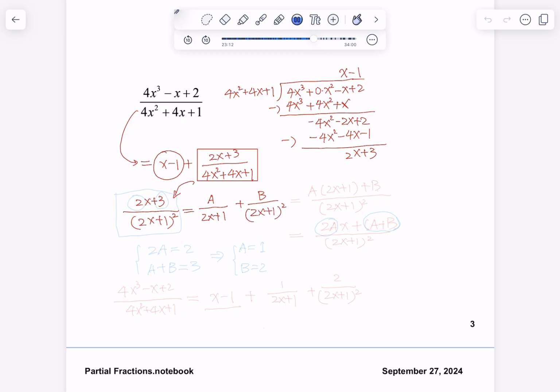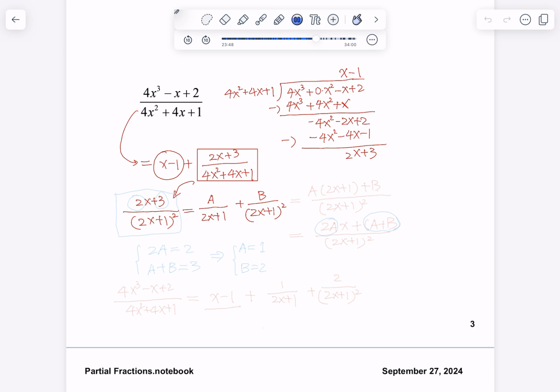Notice that although we have a quadratic term here, since the irreducible factor is still linear, we would only have constant coefficients in the numerator. And because this irreducible factor has a power 2, we need to include its first power term as well.